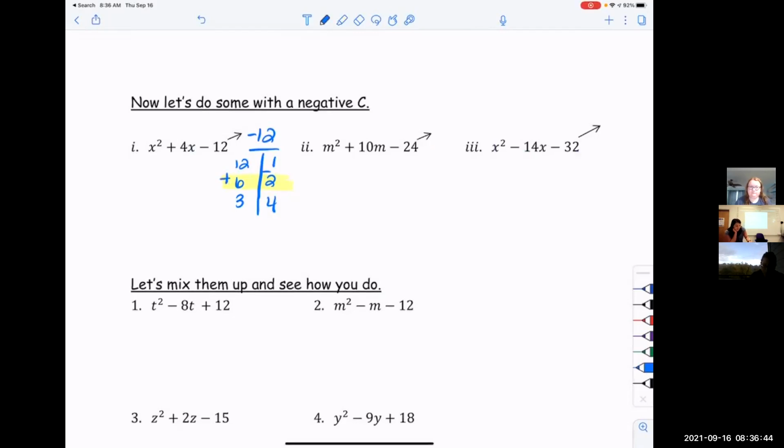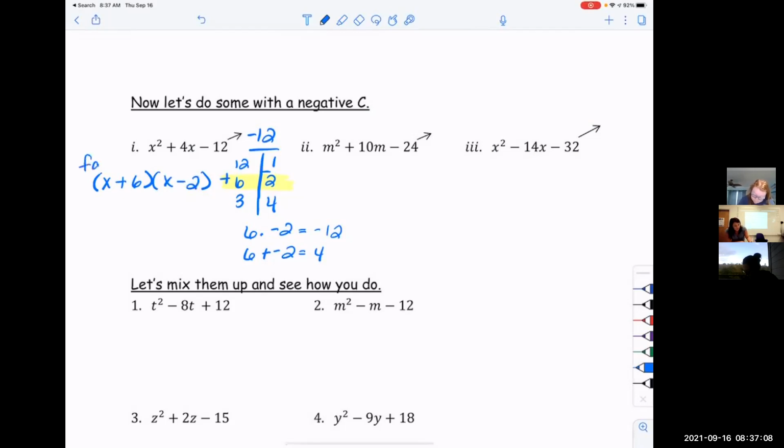So we try it out. 6 times negative 2, 6 plus negative 2, and it checks. I get my negative 12, I get my positive 4, so I'm ready for my parentheses. So x plus 6, x minus 2. So the signs matter very much. So factored.